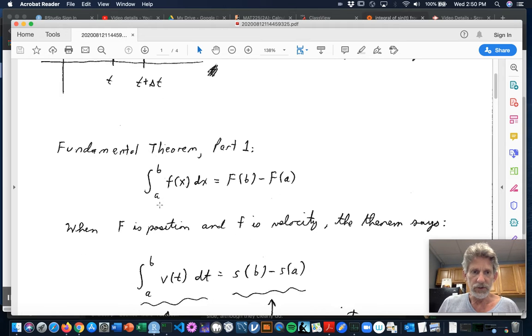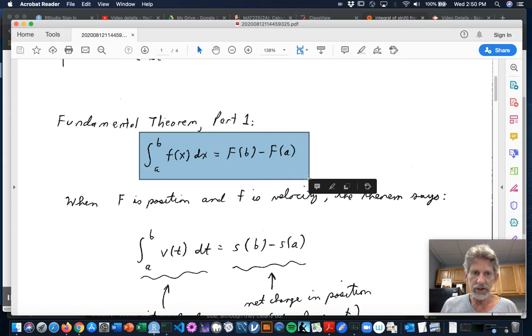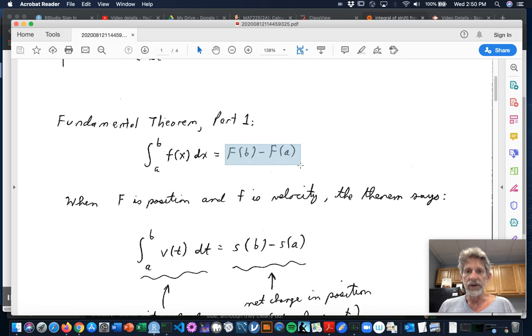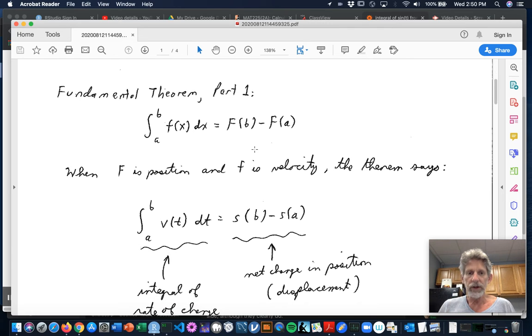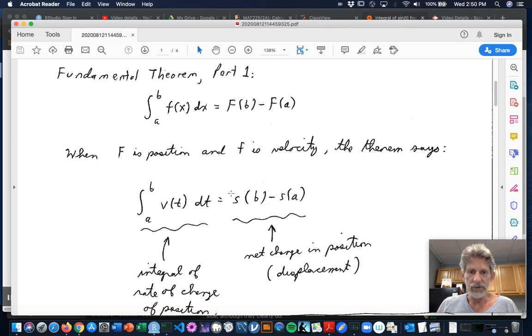So thinking of the fundamental theorem, part one, where the signed area from A to B under little f of x is the difference from A to B of any of its antiderivatives, capital F, think about what if little f was velocity. Capital F, position, is one of the antiderivatives of little f. And I like to think sometimes of position as a function little s, and the book likes it too.